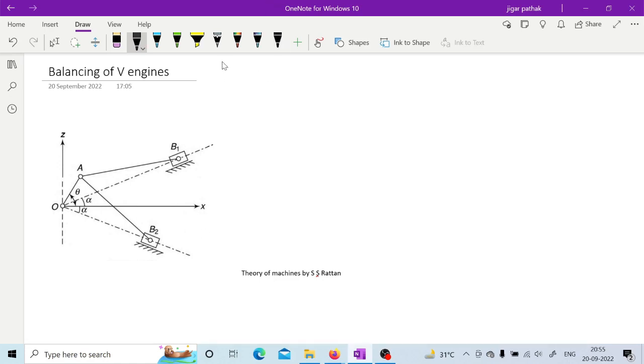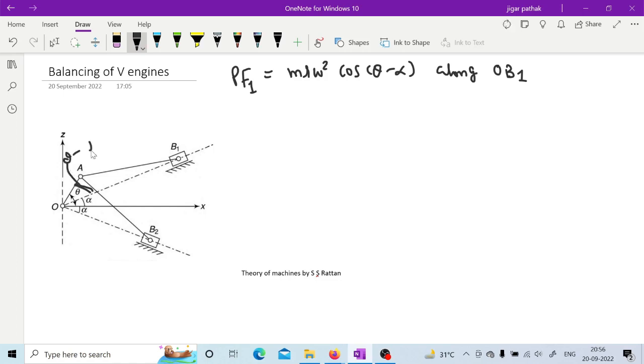So in this case, if you take primary force for cylinder 1 along OB1, then it will be mr omega square cos theta minus alpha, right, along OB1. Similarly, for that component, here because it is theta minus alpha, they are talking about this angle.